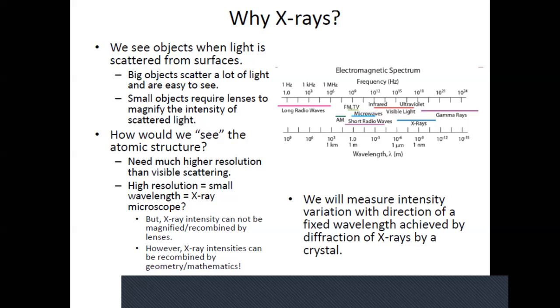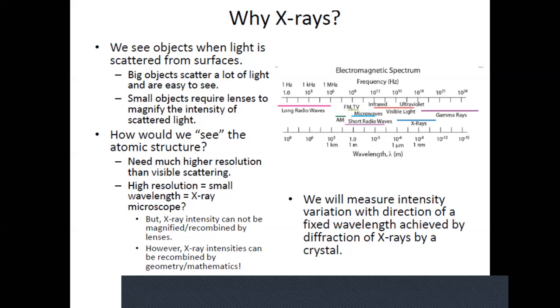And so when we measure the difference in intensity of the X-rays, we have to provide a fixed wavelength. So when we're producing X-rays, we have only one wavelength that we use. So the wavelength is fixed, and then we can diffract the X-rays on the crystal, and then from that we can measure the difference in intensity of the different diffraction spots.